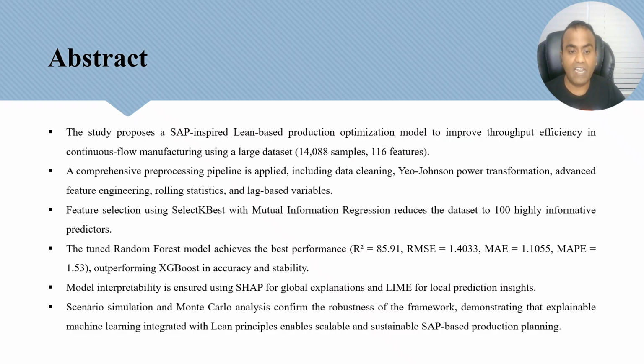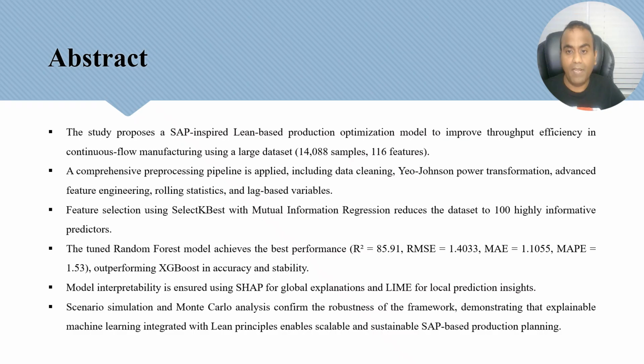Feature selection using SelectKBest with mutual information regression reduces the dataset to 100 highly informative predictors.